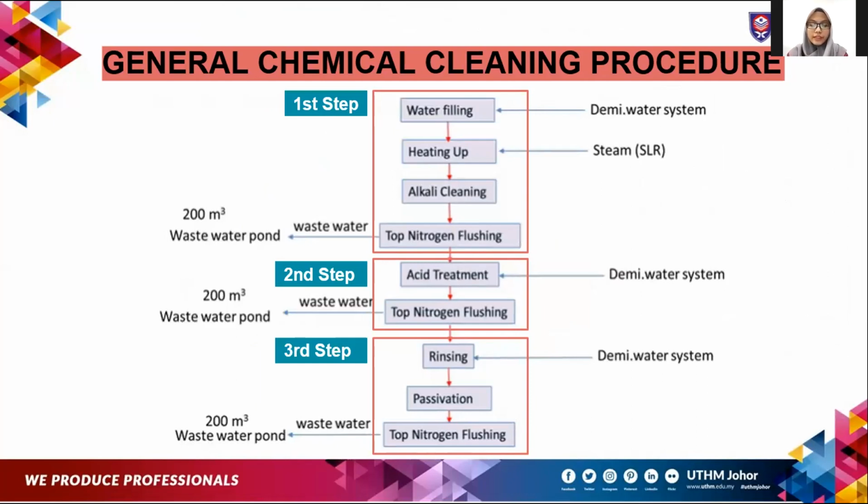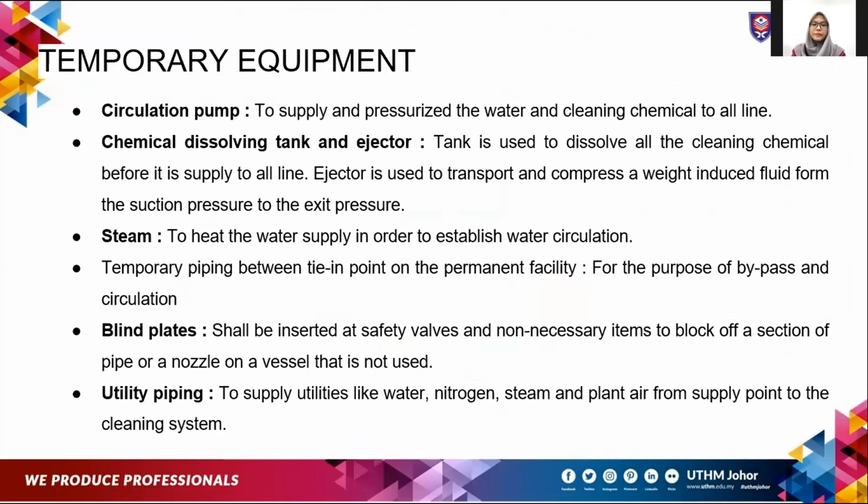Can you move to the next slide? Okay. So in the chemical cleaning procedure, it actually has three steps. It will start with the water filling, then the steam process, and the last one is the alkali cleaning, and then we will transfer the wastewater to the wastewater department or wastewater pond.